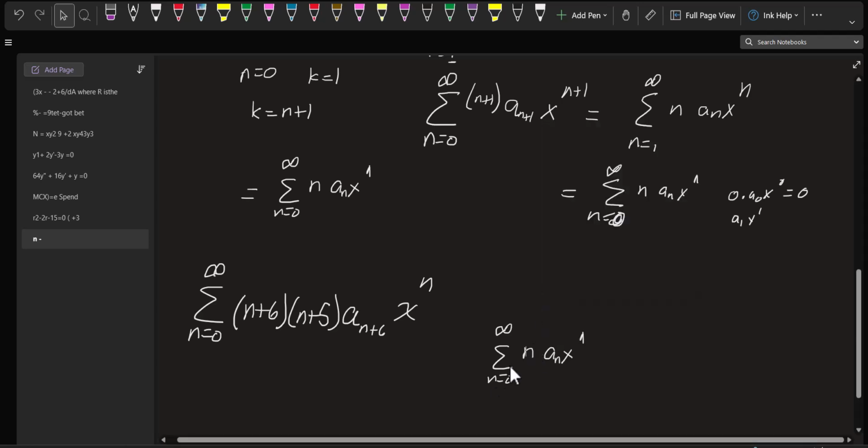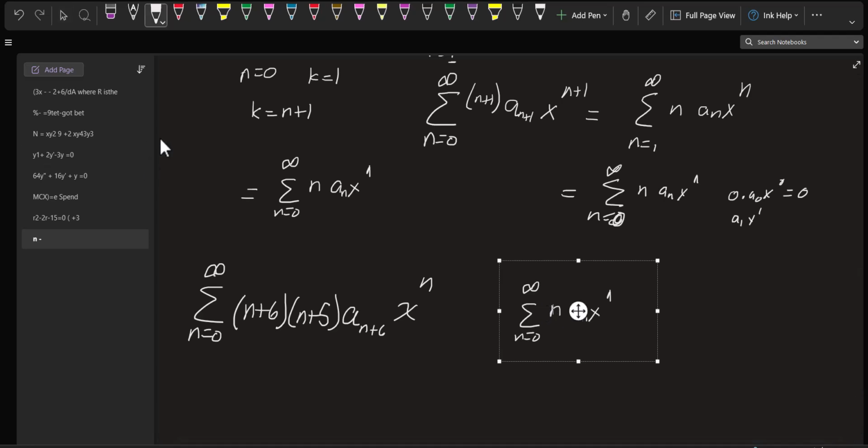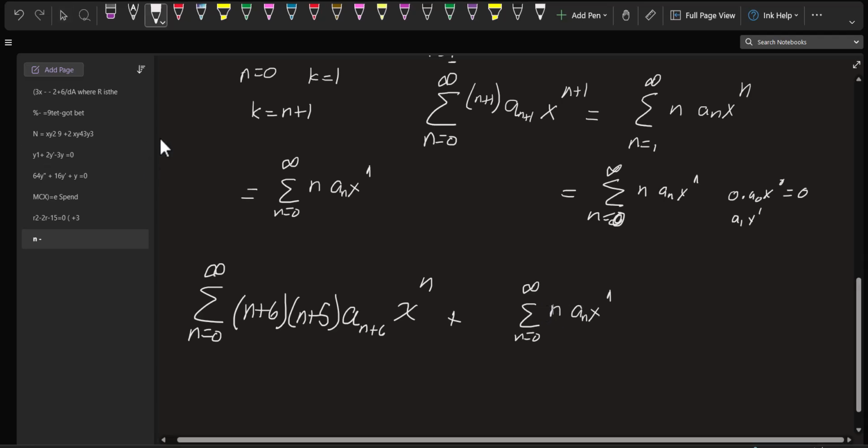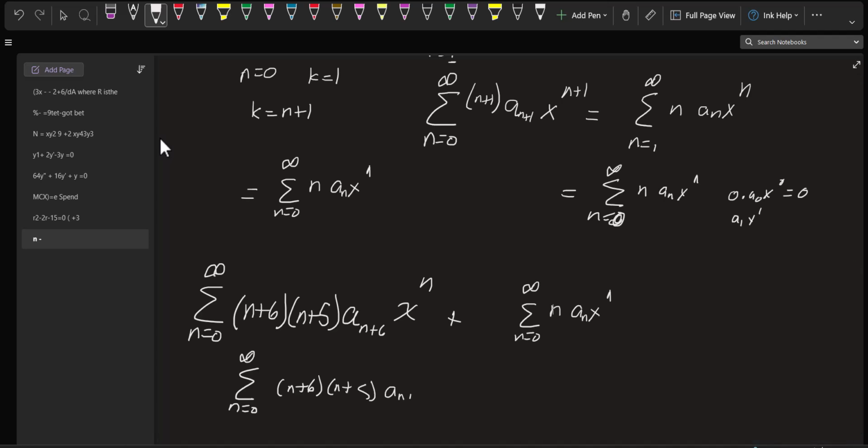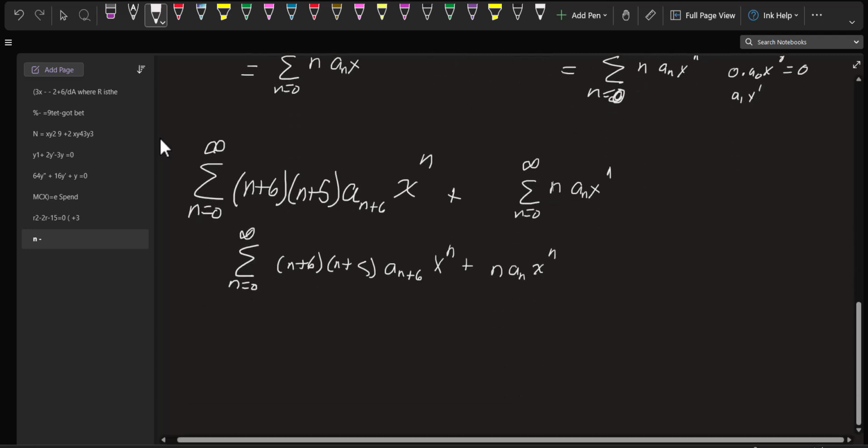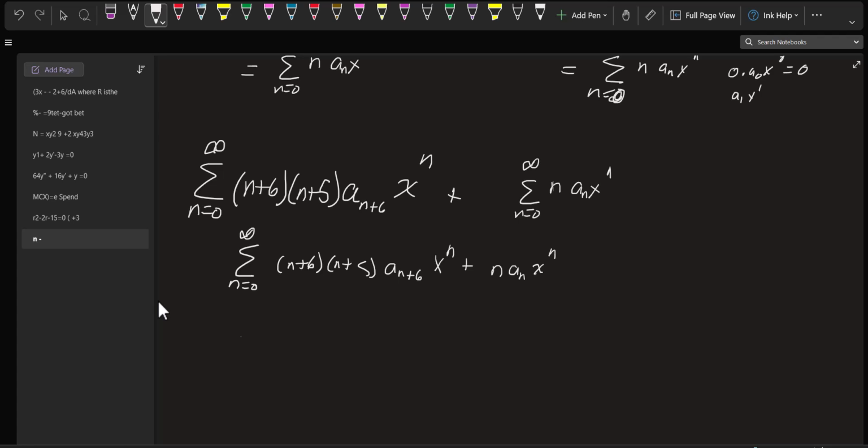And now we have the same index, and we're starting at the same place. So now this can be the sum as n equals 0 to infinity of (n plus 6)(n plus 5) a sub n plus 6 x to the n, plus n a_n x to the n. And then I can factor out my x to the n.